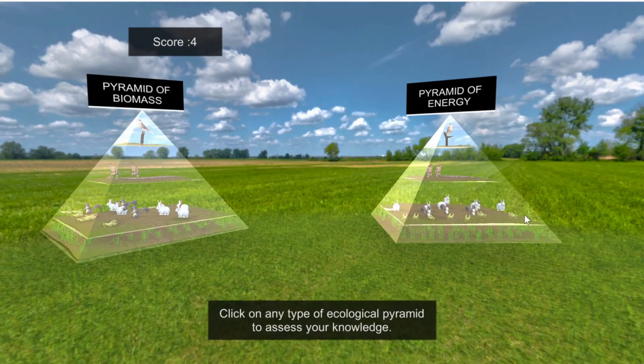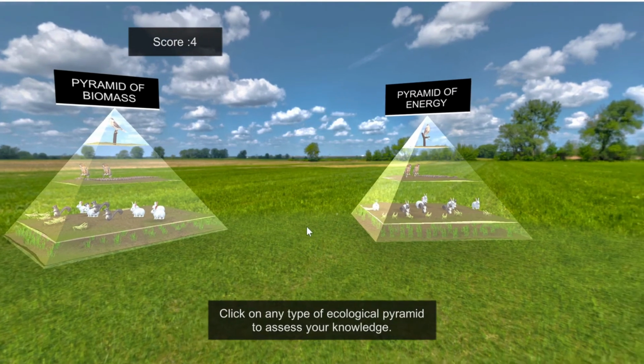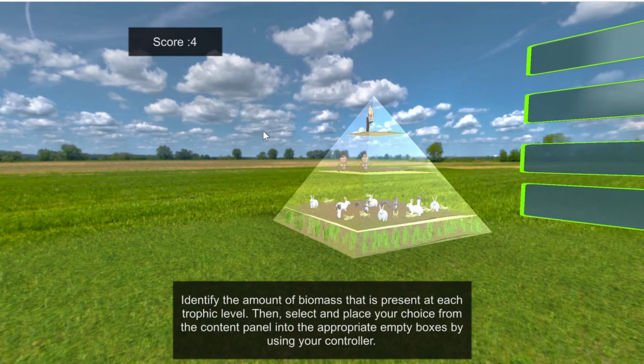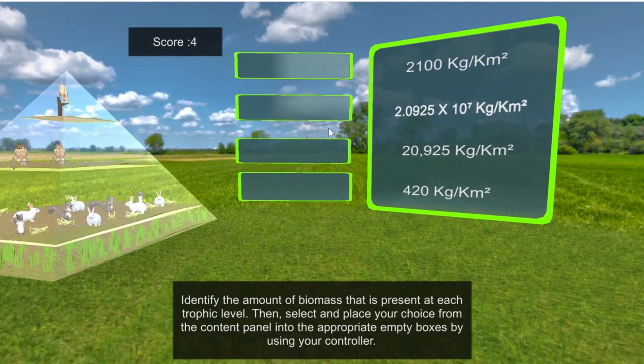Click on any type of ecological pyramid to assess your knowledge. Identify the amount of biomass that is present at each trophic level. Then, select and place your choice from the content panel into the appropriate empty boxes by using your controller.